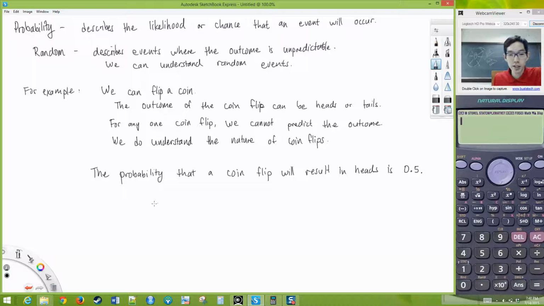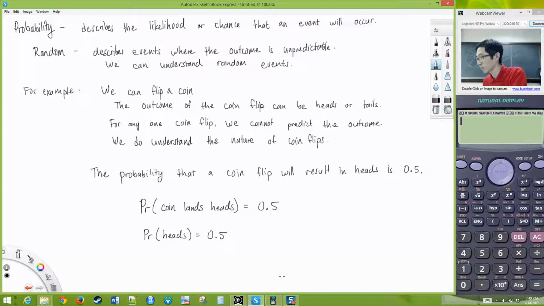And so symbolically we can represent this same thing. I can write probability coin lands heads equals 0.5, or simply I can also just write probability of getting heads is 0.5.